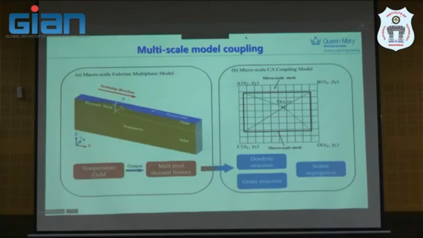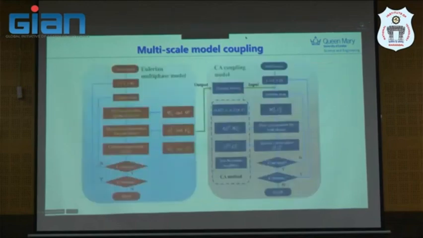For the microscale model, we also use the cellular automata method. In this simulation case, grain structure, solute segregation, and dendrite structure are all considered. Here is the flow chart for the temperature transfer from this model to the CA coupling model.